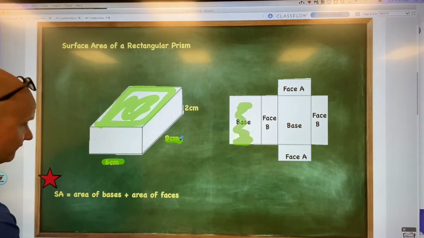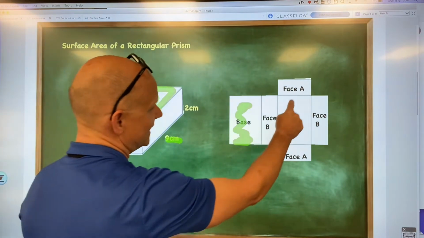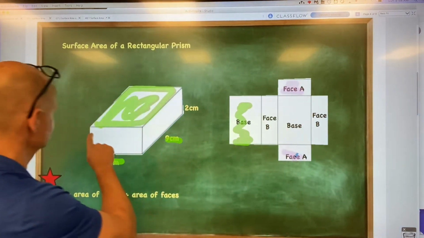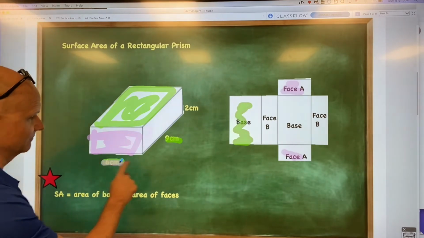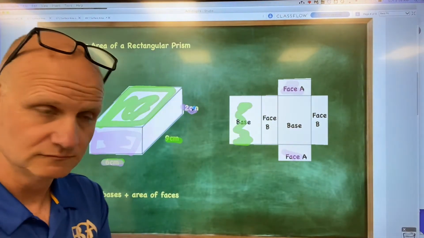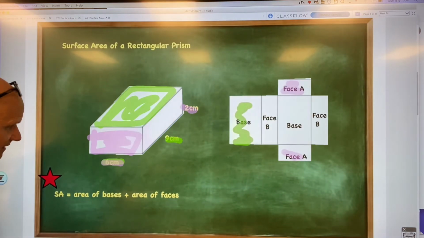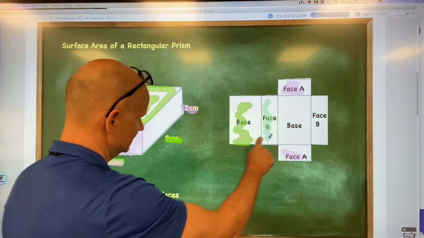You can see the face A, well, that would be this shape right here, and that face would be 6 by 2. And then you can see the face B, and let's change that color.